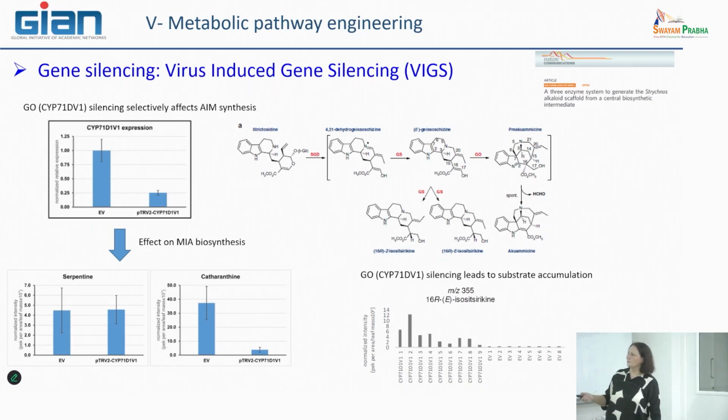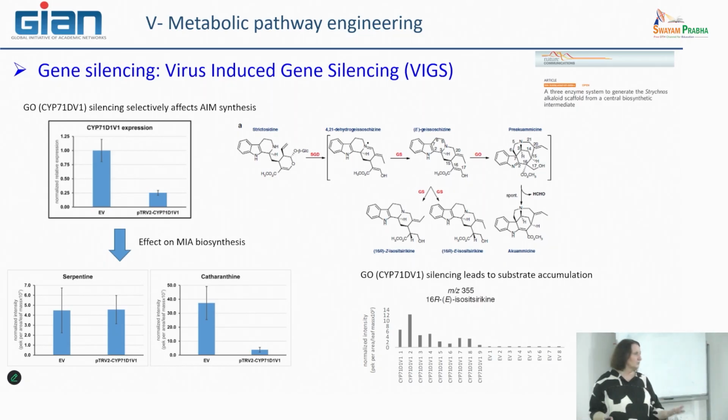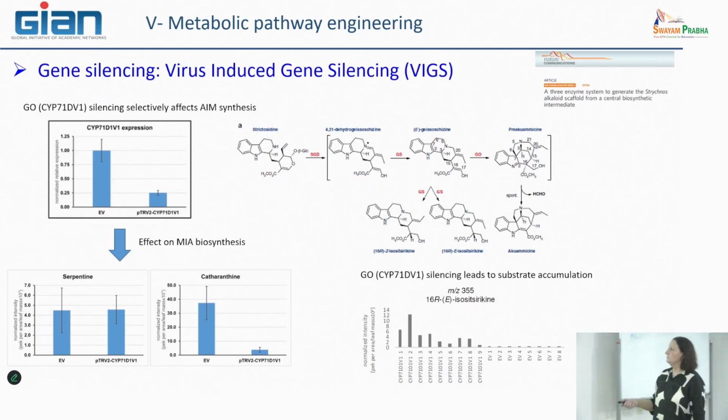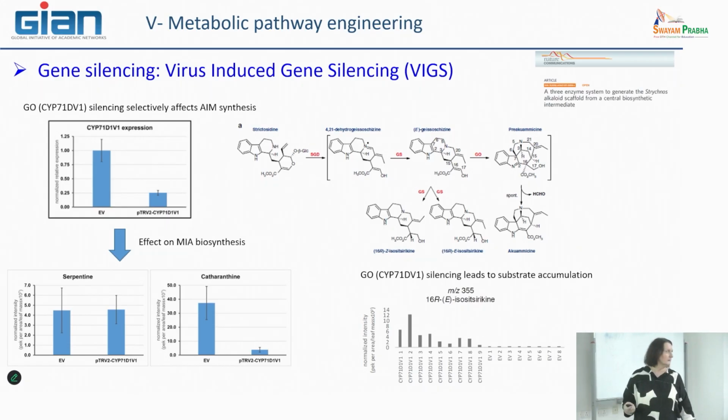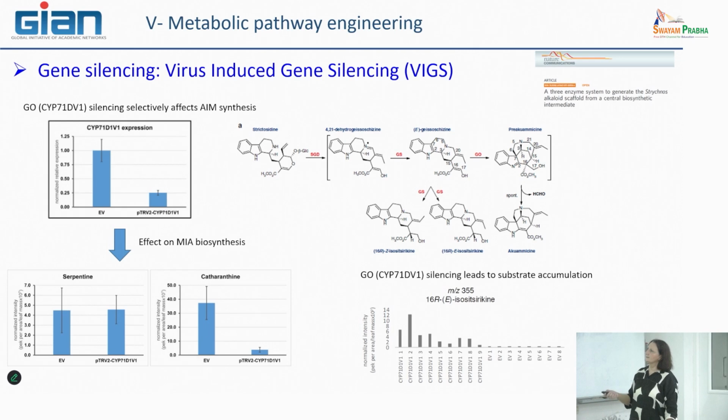In this particular plant, there is no effect, for example, on serpentine production, but there is a very big effect on catharanthine production, meaning that this CYP acts not before the production of serpentine, but between serpentine and catharanthine.